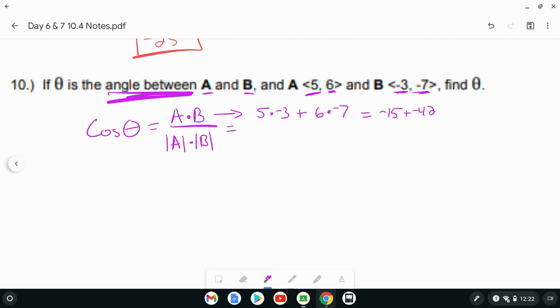You end up with a numerator for the cosine of theta equal to -57.